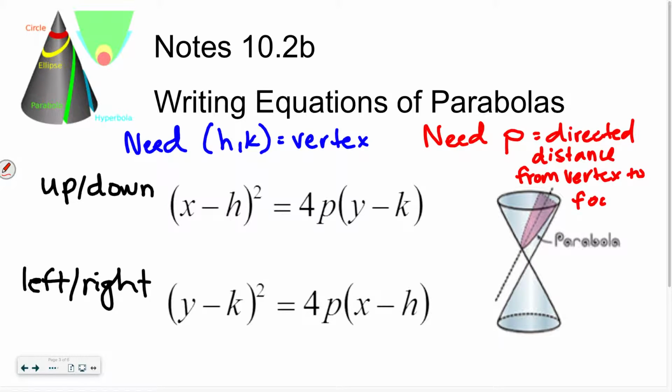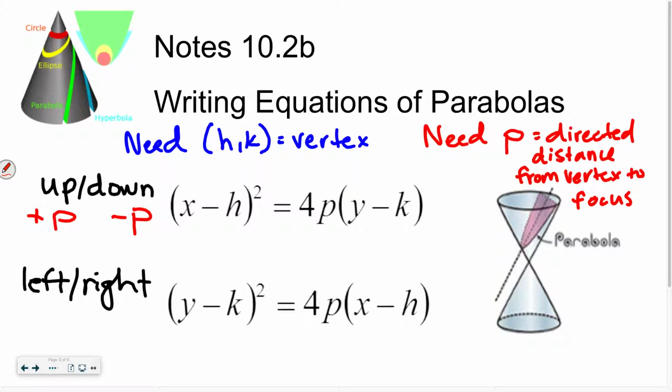When I put that qualifier of directed distance there, it means the sign of p matters. So if I'm working with the (x minus h) squared equation, I know that my parabola opens up or down. It opens up if the value of p is positive, and it opens down when p is negative.